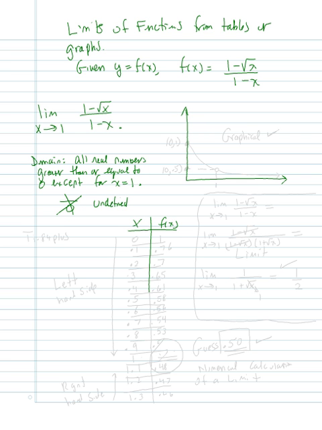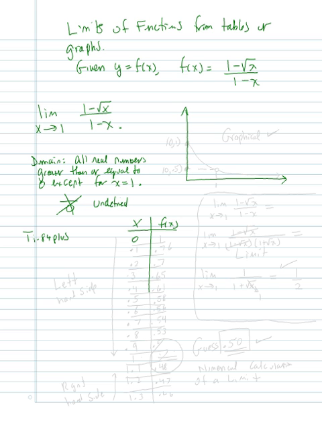Now, when you're making tables of values, one of the things that you might want to do is use a calculator, either a scientific calculator or you can certainly do it by hand. In fact, I'm using a TI-84 Plus, and we use these x values.